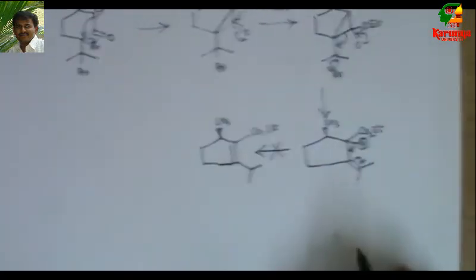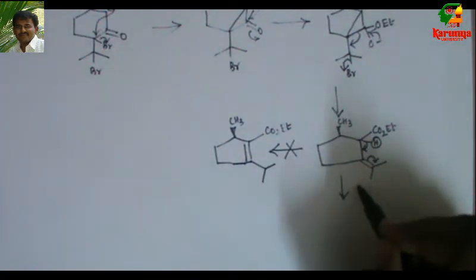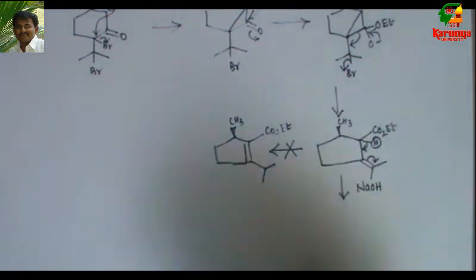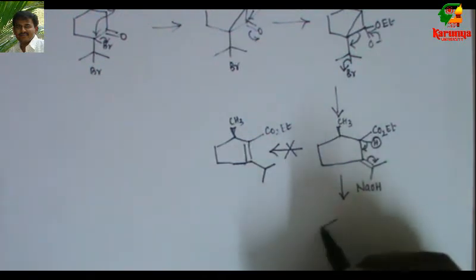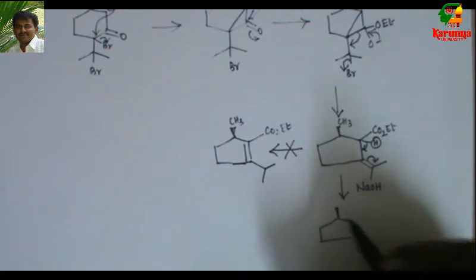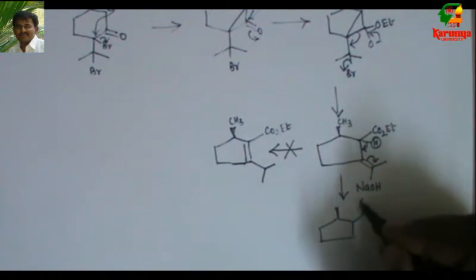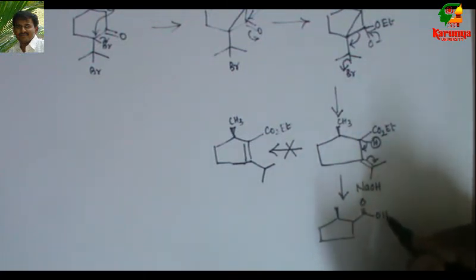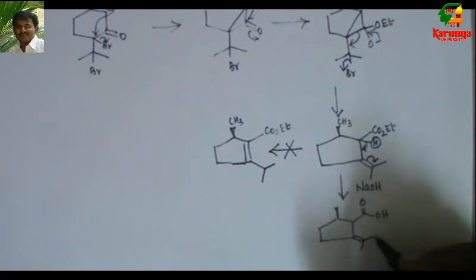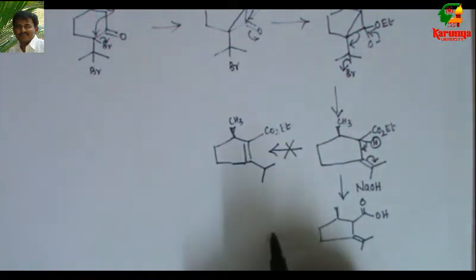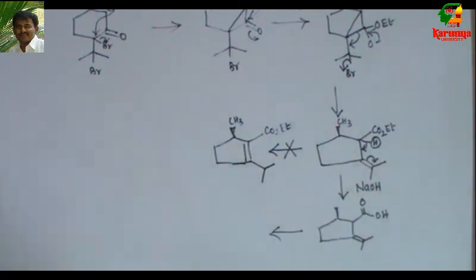When this compound is treated with base, sodium hydroxide, what will happen? It's a very simple reaction. It is nothing but hydrolysis of the ester to give this one. The stereochemistry of this carboxylic acid is not important, but it is easy to predict.